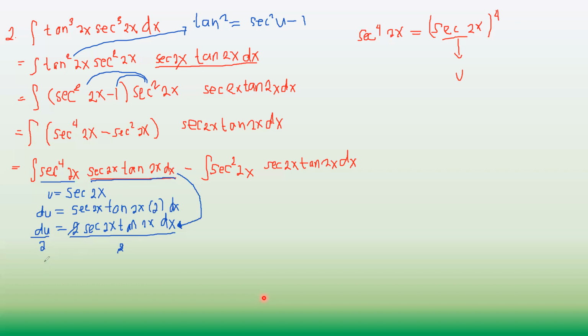So mula dyan, makita natin na yung du over 2 pala ay equal sa secant 2x tangent 2x dx. Yun. So meron ng katumbas yung una, yung secant, saka yung secant tangent dx. In terms of yun na yung parehas. So palitan na natin.